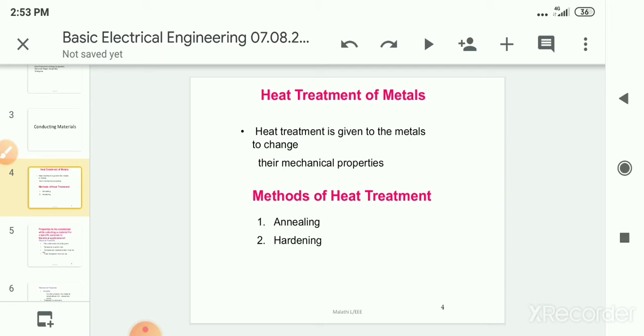The predetermined temperature to which the metal is heated depends completely on the type of material, like copper, aluminum, brass, like that.